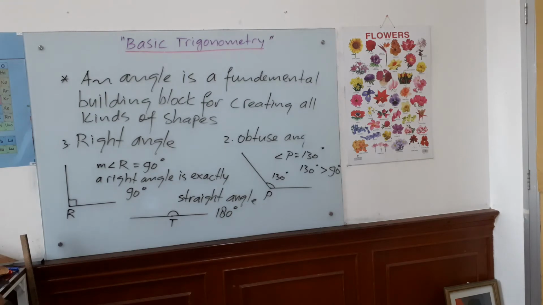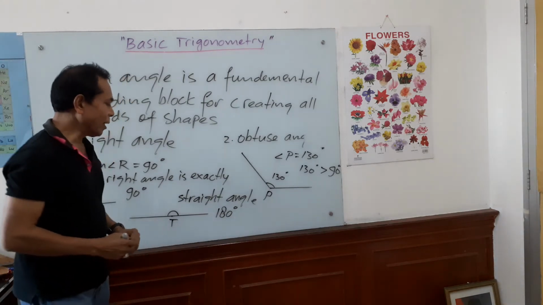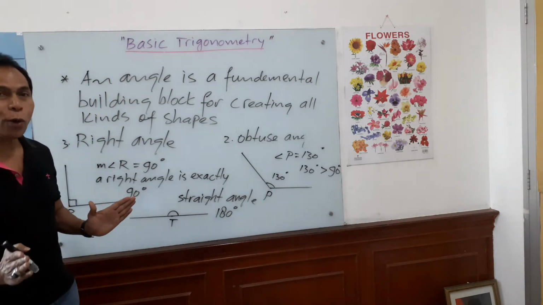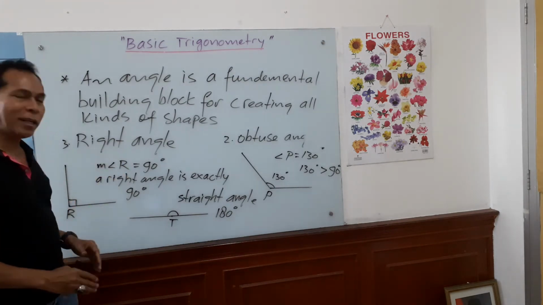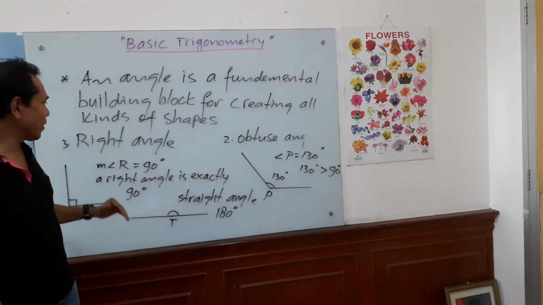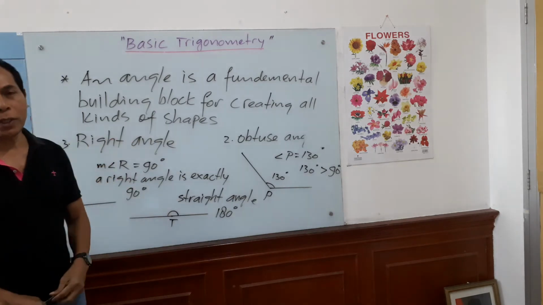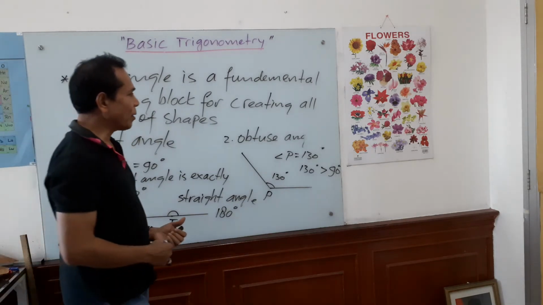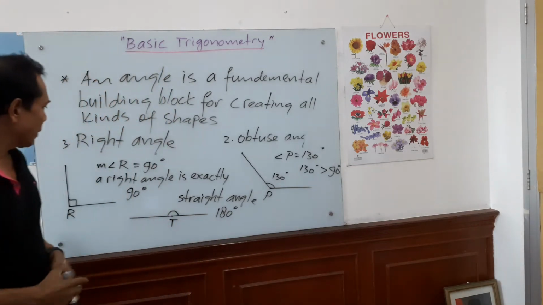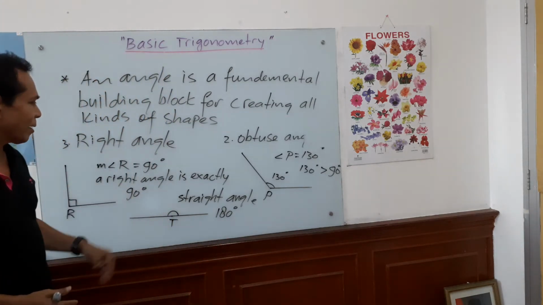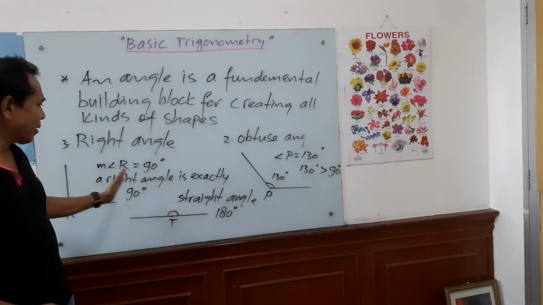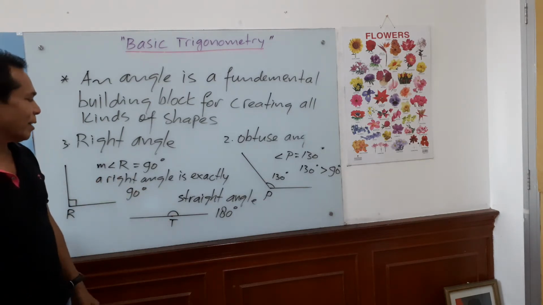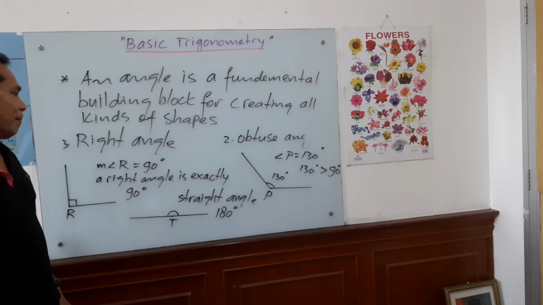A straight angle is exactly 180 degrees. No more, no less. Like right angle is exactly 90 degrees. It's different from acute angle and obtuse angle. Acute angle and obtuse angles are not exact. But right angle and straight angle are exact: 90 degrees for right angle and 180 degrees for straight angle.